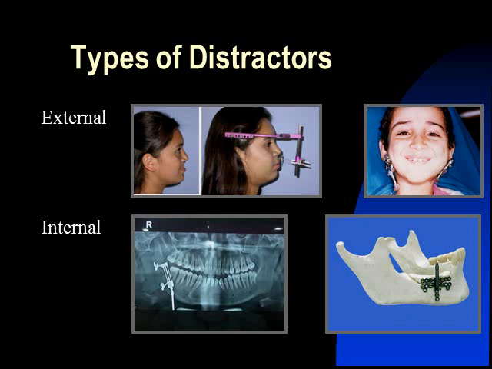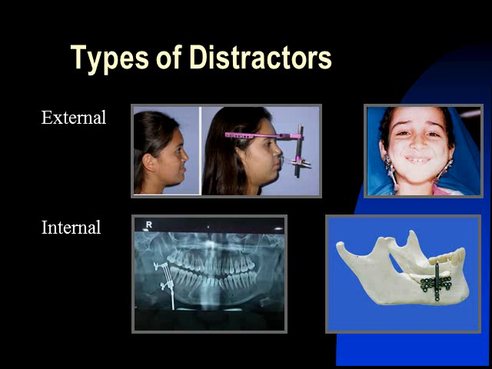For distraction, we can use either external distractors or internal ones inside the tissues, submucosal distractors, which are miniaturized or small size distractors that are applied under the tissues.